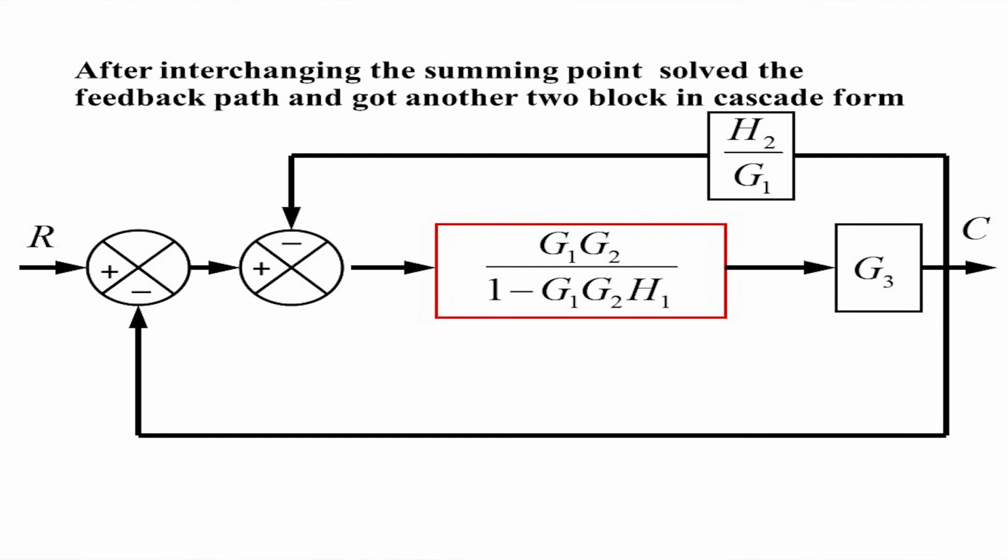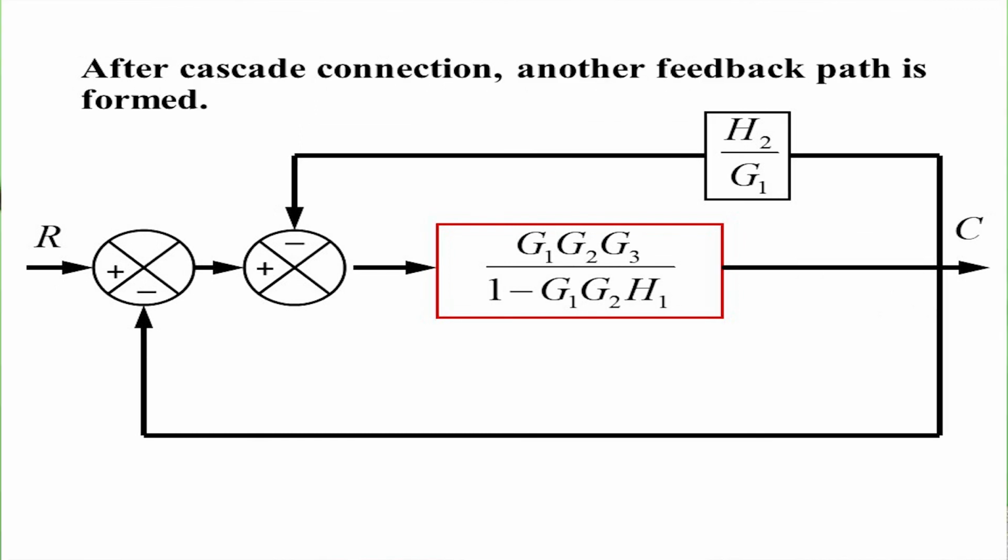Now redraw the block diagram. Now you have two forward blocks, G1 G2 divided by 1 minus G1 G2 H1, and G3. These two blocks are in cascade form again. Simply multiply them both. You will get another block, G1 G2 G3 divided by 1 minus G1 G2 H1, with a feedback of H2 by G1. Use the feedback formula again.